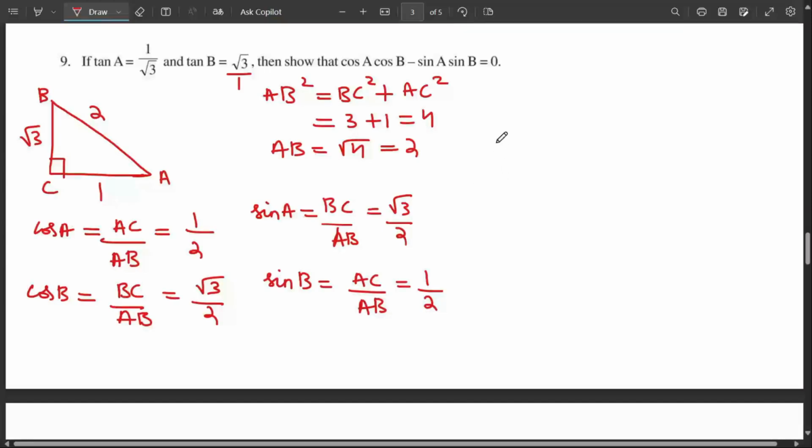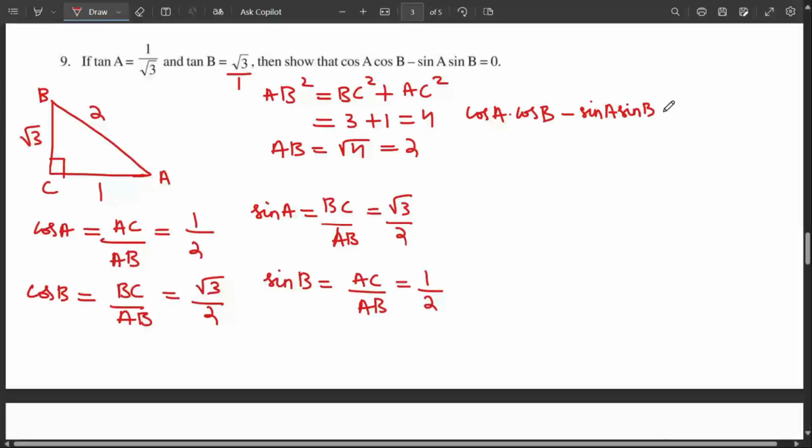So here we need to prove that cos A into cos B minus sin A into sin B is equal to 0. Since you are supposed to prove that this expression is equal to 0, in the beginning you are not supposed to write equal to 0.